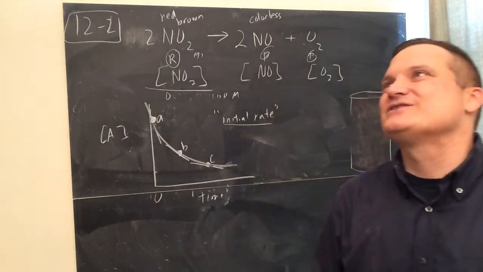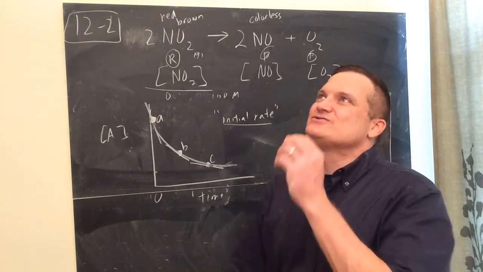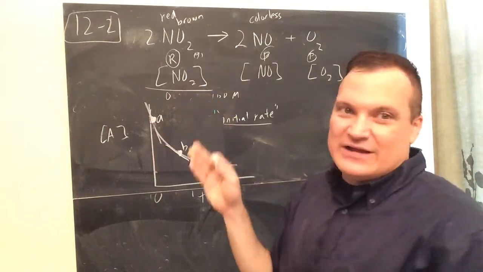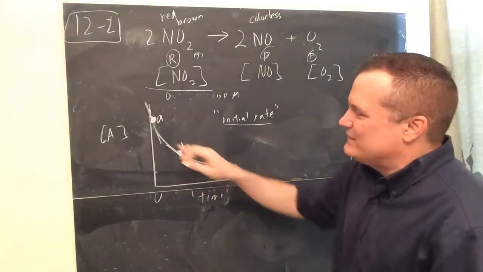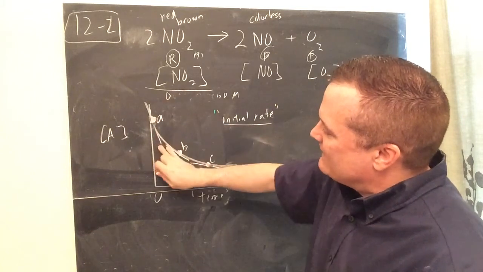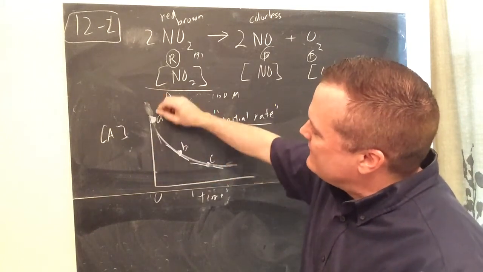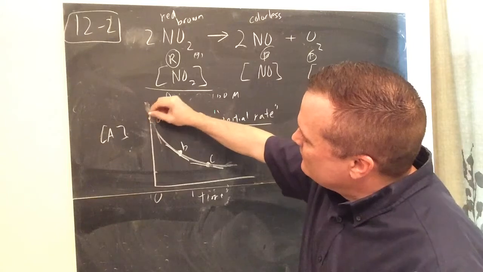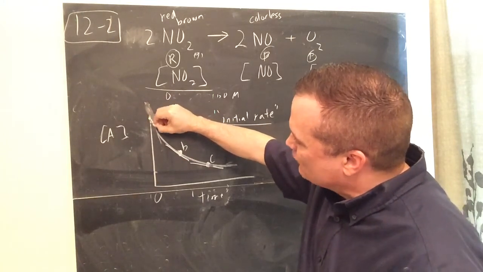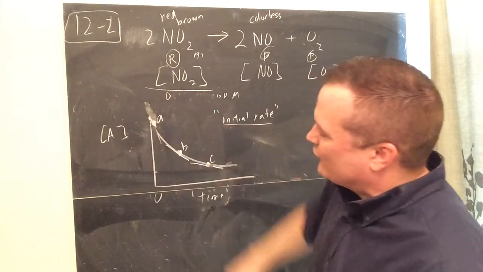Well, not 0, 0, because your concentration wasn't 0, but you start with your initial x, y and then go to A. That would be your initial rate. The instantaneous rate would be the slope of the line at that point. Initial rate would be from the beginning point to that point. I should say the slope of that. That's your initial rate. That's the first point you're going to get on the graph, actually.